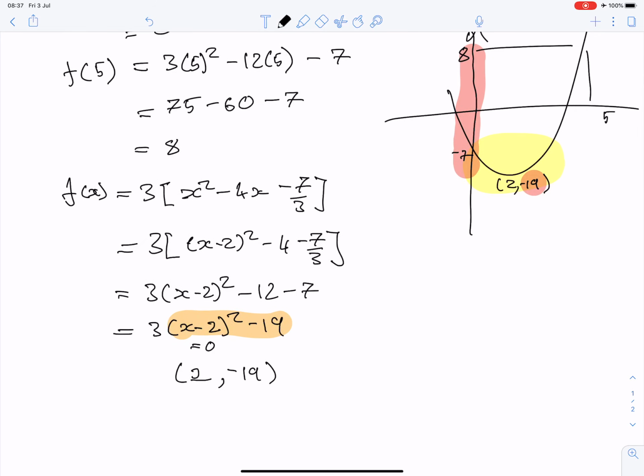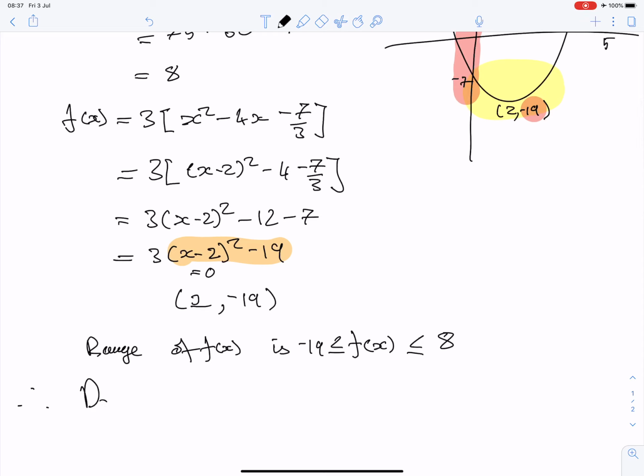So the range of f of x is f of x is greater than or equal to negative 19 and less than or equal to 8.